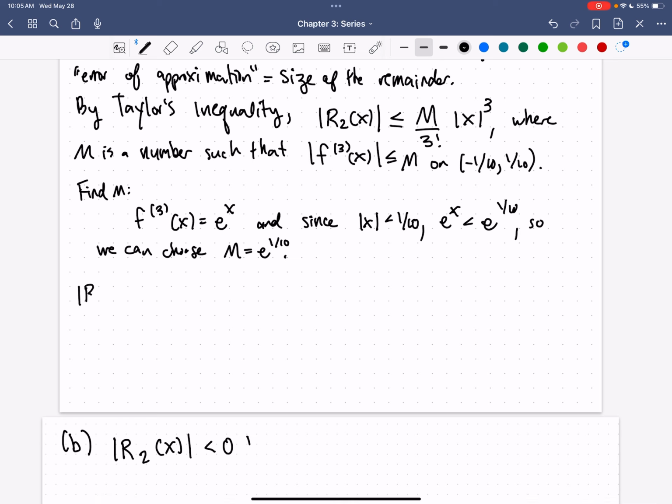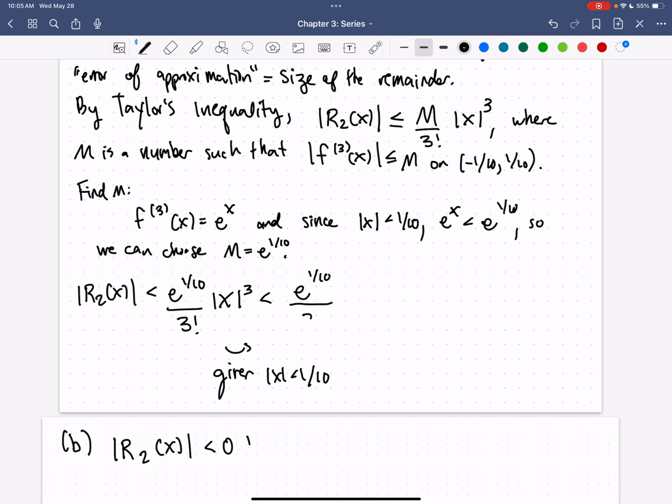Then, by Taylor's inequality, we can say that this remainder is bounded above by e to the 1/10 over 3 factorial times absolute value of x cubed, which, given that absolute value of x here is less than 1/10, because that's the interval we're looking at, we can replace the x there with 1/10. So we have 1/10 cubed. And if you find what this number actually is, it's 0.02.